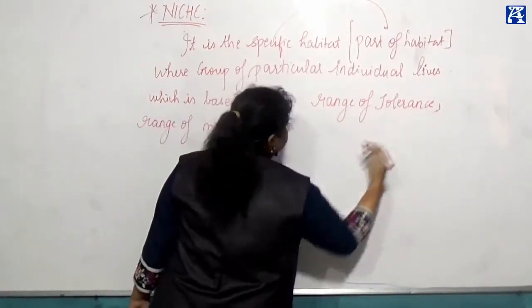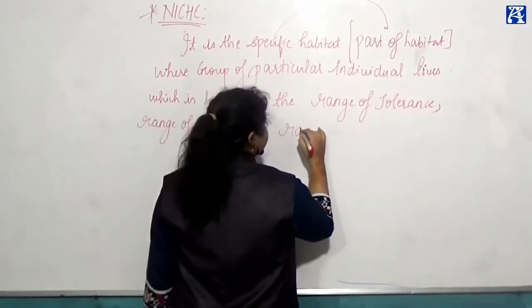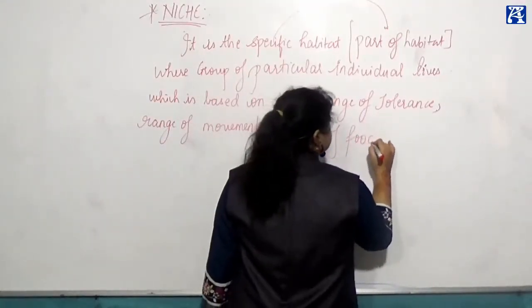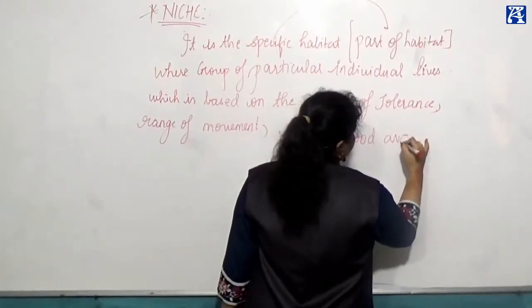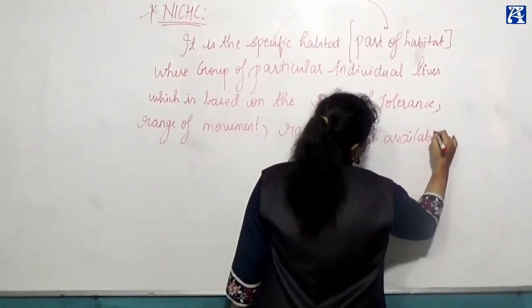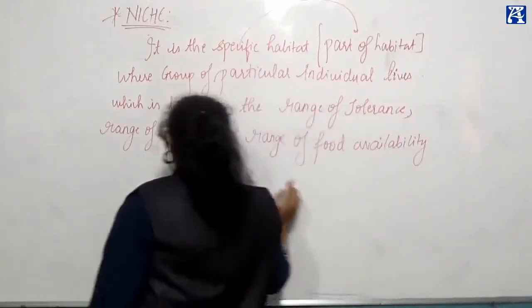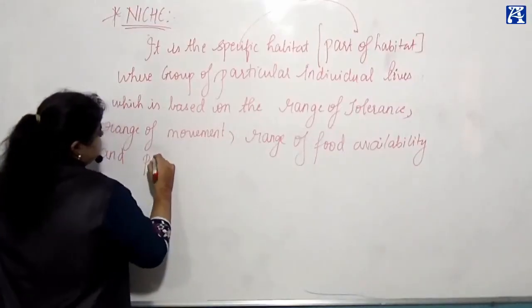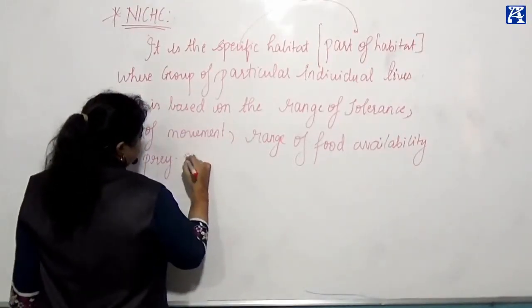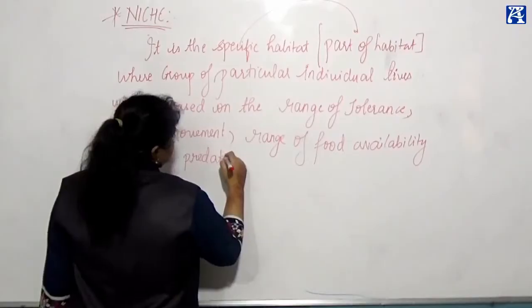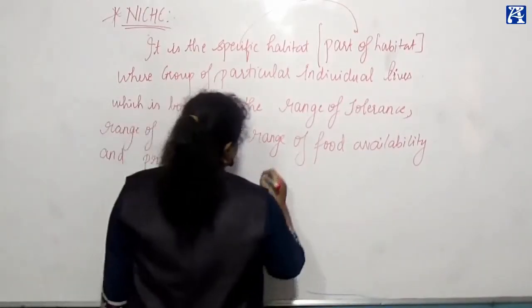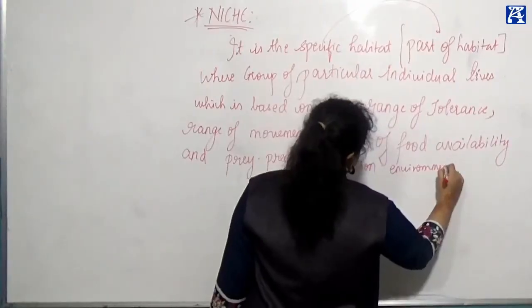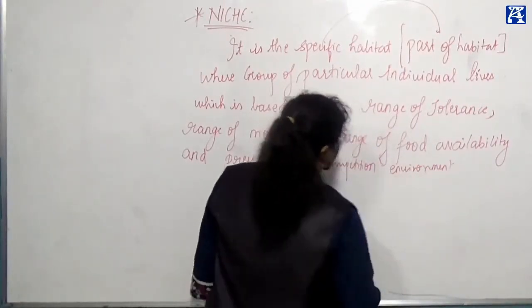You can put a comma, or range of food availability, and prey predator environment. See what I have said.